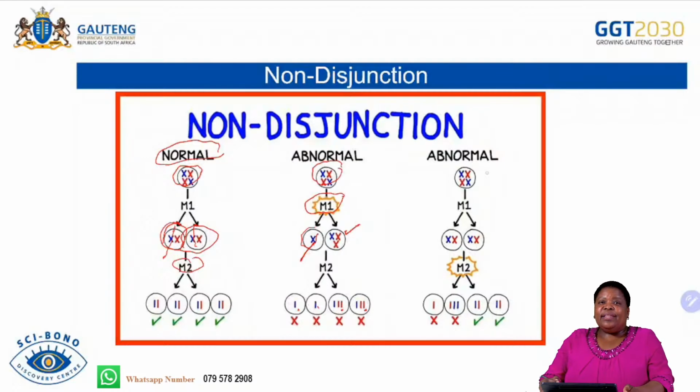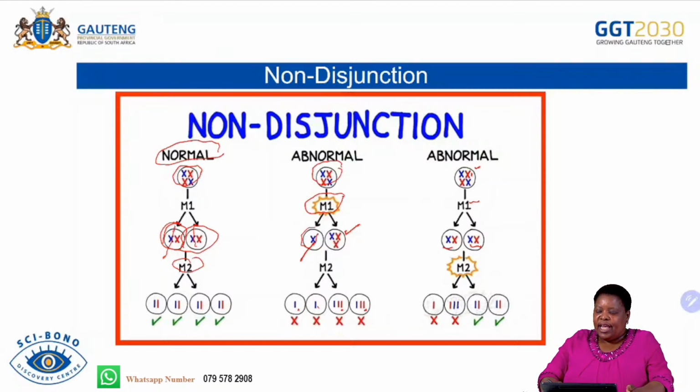Let us look at the other abnormal incident, whereby the diploid cell undergoes meiosis 1 and gives rise to 2 haploid cells, each carrying half the number of the original. Then meiosis 2 takes place, and then we're going to have what? 1 cell with 1 chromosome, the other one with 3, the other ones with 2, 2.